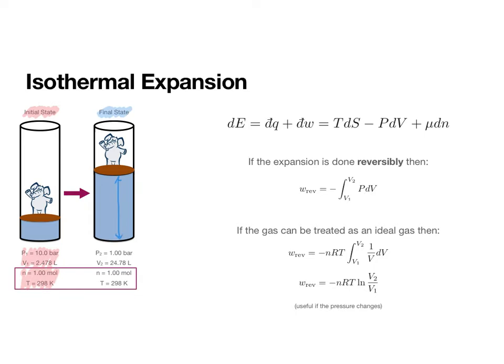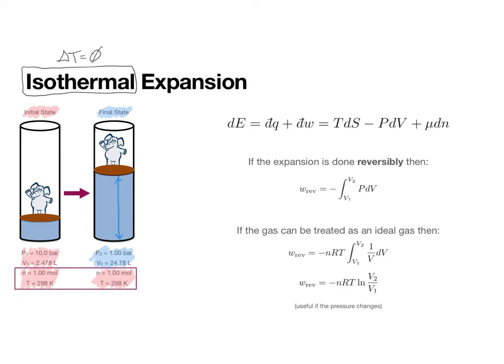And we're going to expand this volume to some new pressure, new volume. But we are keeping the number of moles and the temperature the same. And the temperature staying the same is the key part of isothermal. This means that my change in temperature is equal to 0.